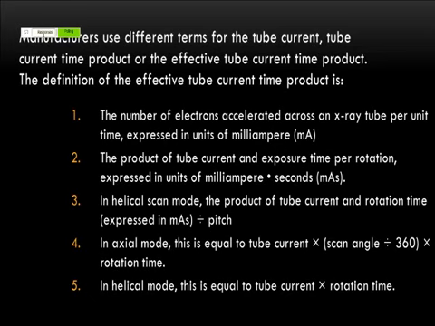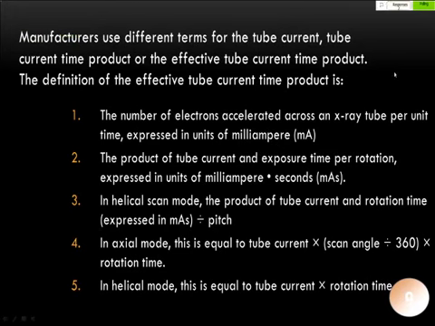And the definition of effective tube current time product is: the number of electrons accelerated across an X-ray tube per unit time, expressed in units of milliampere; the product of tube current and exposure time per rotation, expressed in units of milliampere seconds, or MAS; in helical scan mode, the product of tube current and rotation time, expressed in MAS divided by pitch; in axial mode, equal to the tube current times the scan angle divided by 360 times the rotation time; or in helical mode, equal to the tube current times rotation time. Again, we're talking about the effective tube current time product. Ready? Go.